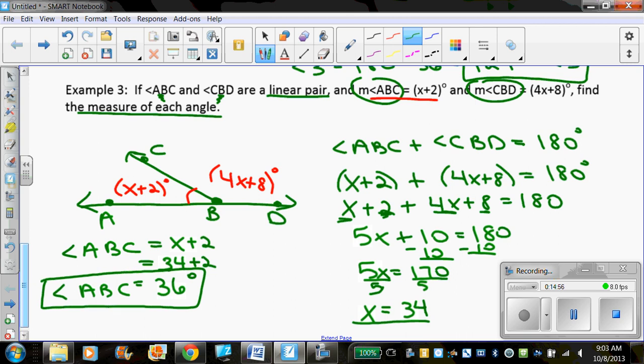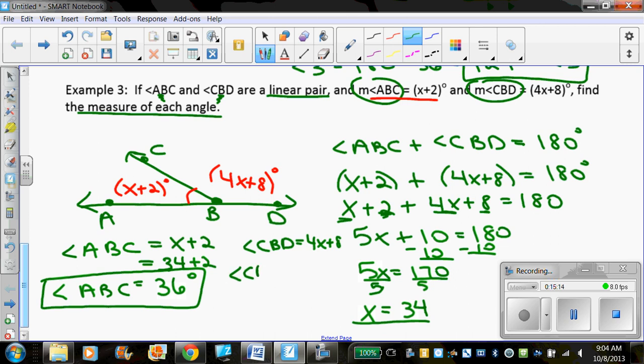Now to find the measure of CBD, you can do one of two things. You can just take 180 minus 36, and that'll give you your CBD angle. But you always want to make sure you didn't make a simple mistake, so I'm going to calculate it out really quick and make sure it's all adding up properly.